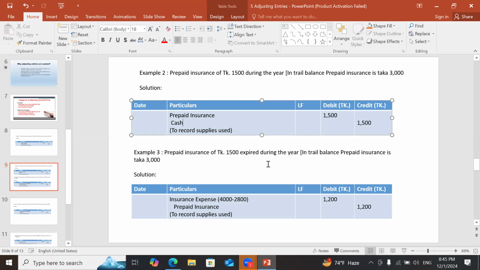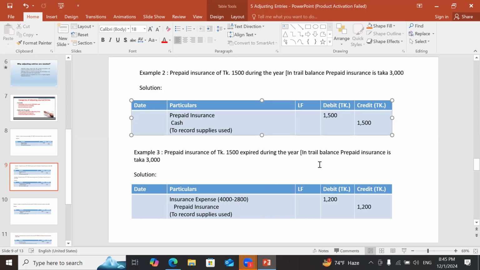That means the journal is: insurance expense debit, prepaid insurance credit. At first you prepaid debit, but now prepaid credit because prepaid something reduces. Prepaid is an asset, but from this asset some amount has expired. So the expense is now debited and prepaid credited.